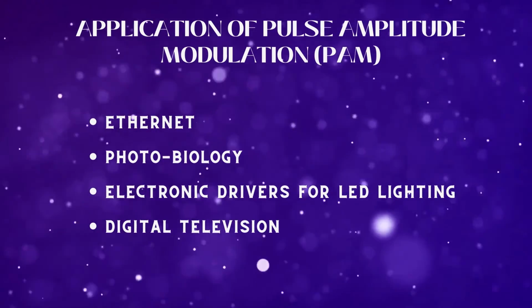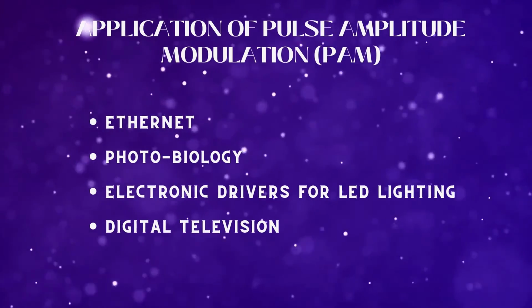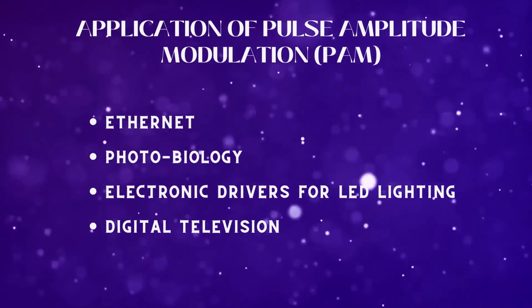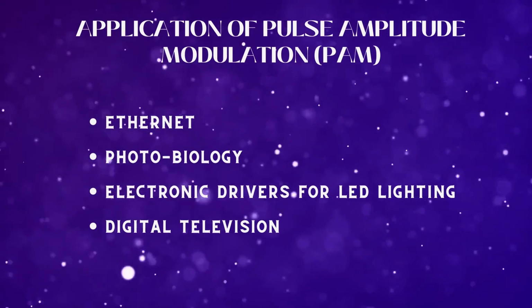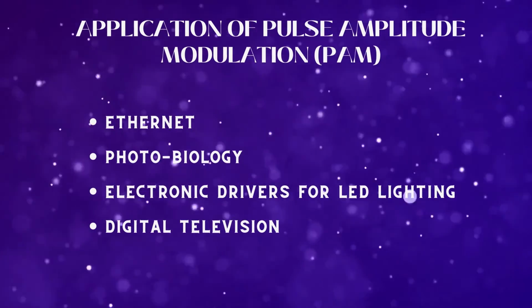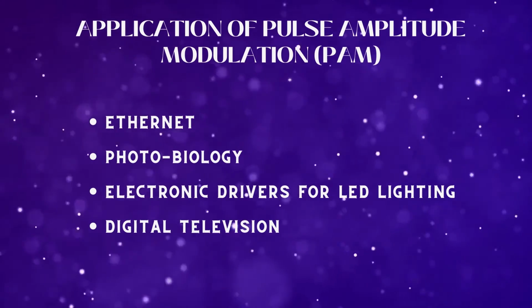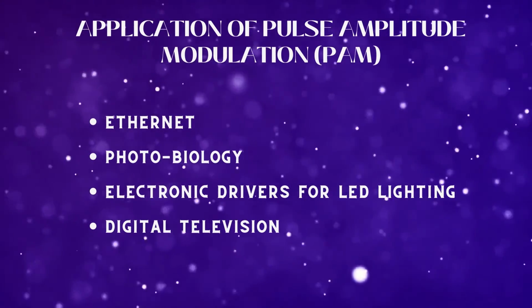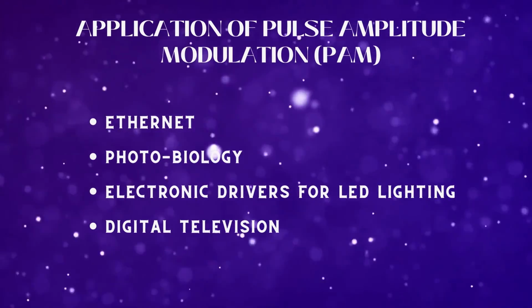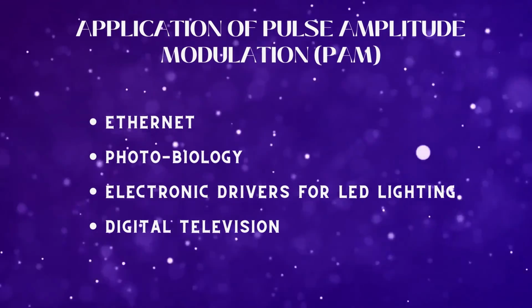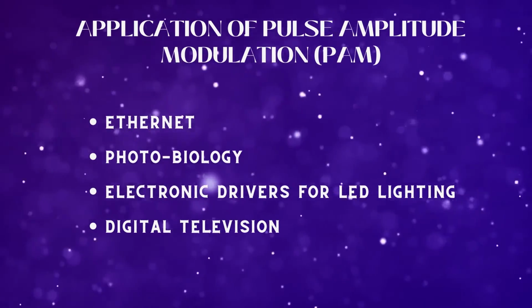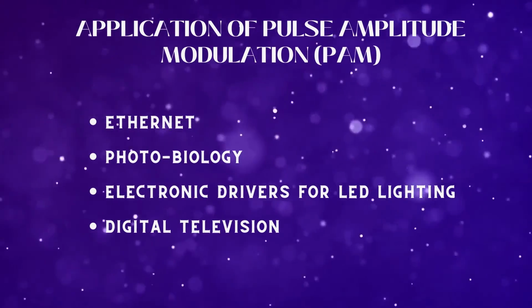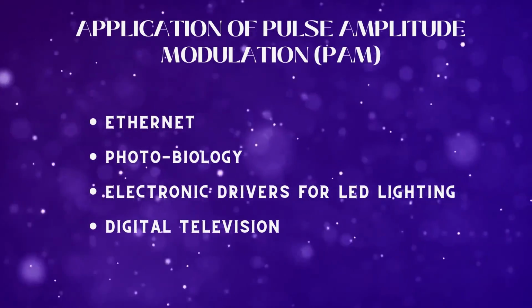Ethernet, which uses Tomlinson-Harashima pre-coded versions, THP, is an example of pulse amplitude modulation with 16 discrete levels, which is encoded in a two-dimensional checkerboard pattern known as DSQ128.